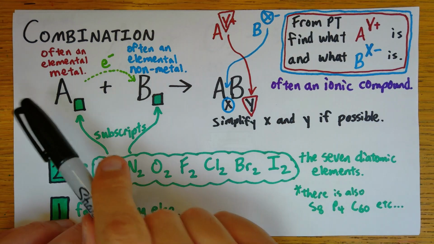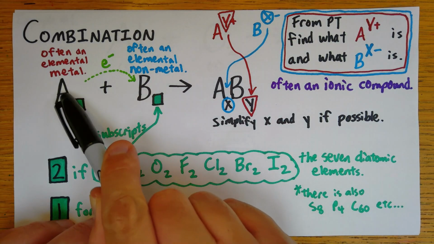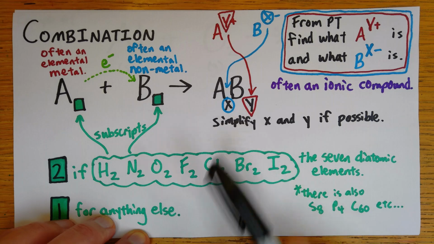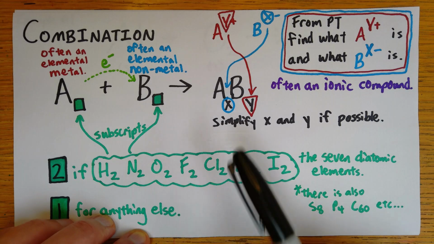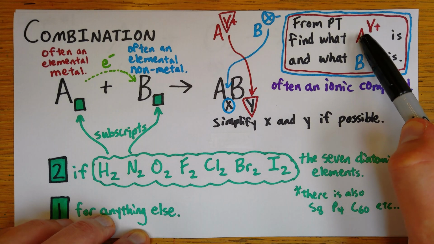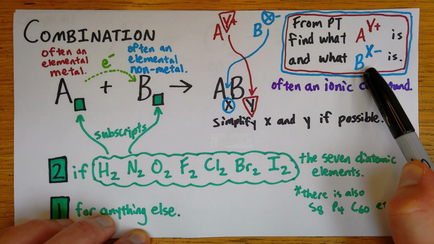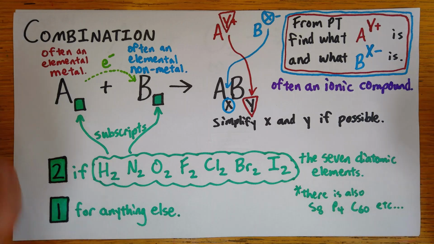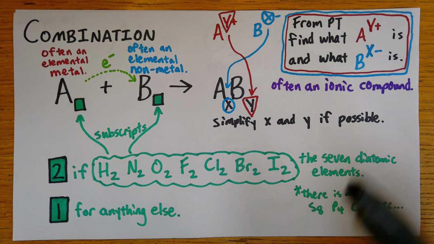And in the case of metal and nonmetal, electrons are transferred from the metal to the nonmetal so that you can make an ionic compound. You're going to have some cation and some anion as a result. By making a cation and anion, that allows you to make an ionic bond and connect things together.